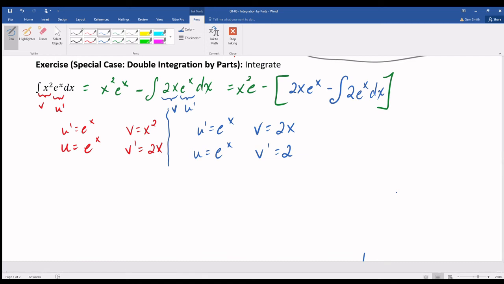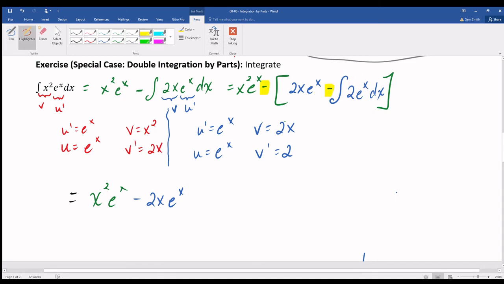So I can finish this problem by saying, okay, here is our x squared e to the x from the first loop. Here is the negative 2x e to the x from the second loop. And then finally, here minus minus, so plus the integral of 2e to the x, which is simply 2e to the x.